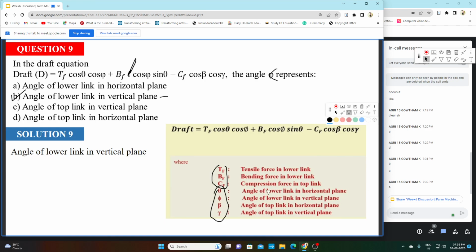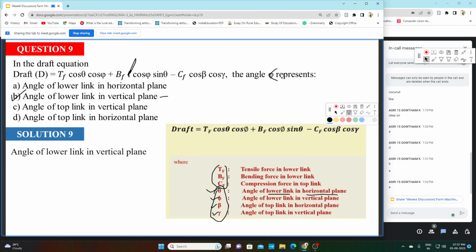So when the lower link is making the angle with horizontal plane, we are denoting it by theta, and when the lower link is making the angle in vertical plane, we are denoting it as phi. The angle the top link makes with the horizontal plane, we are denoting as beta, and when the top link is making the angle with vertical plane, we are denoting it as gamma.